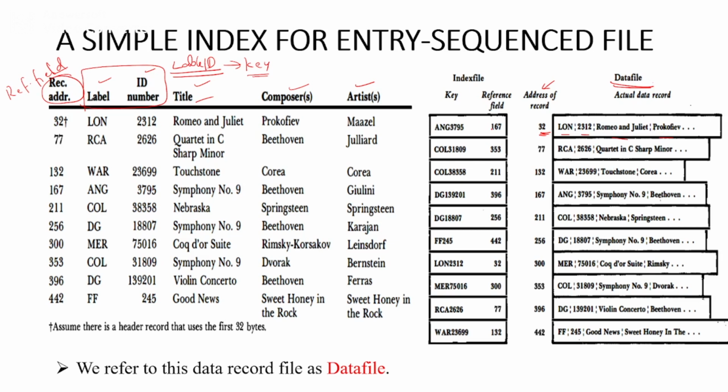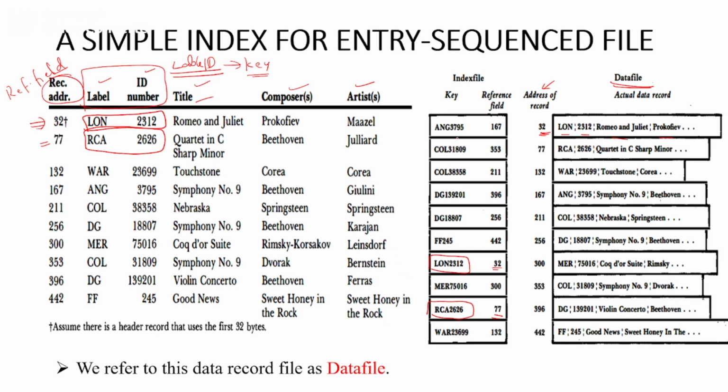Now I will select the key as the label ID. For the first record the label ID is LON2312. For the next record I have RCA2626 as the label ID, which has 77 as the reference field, while LON2312 has 32 as the reference field.